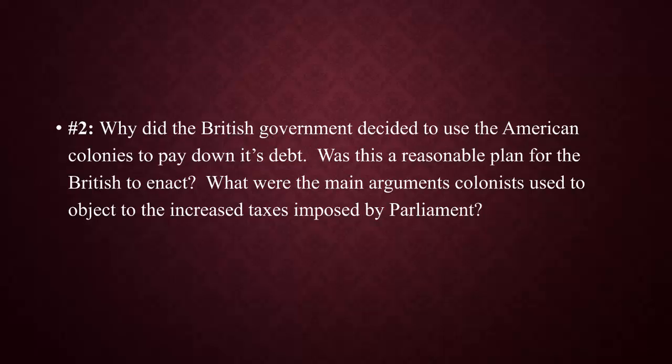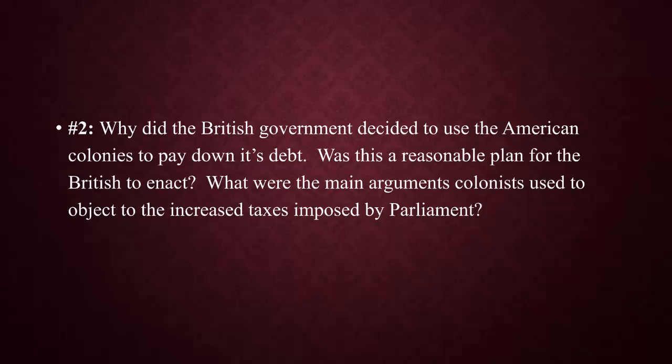And we talked about in our definitions before the salutary neglect and so forth, where the American colonies always had that special relationship with the British government. And this was essentially an effort to bring the American colonies more in line with the empire as a whole, and in doing so, trying to pay down some of that debt.